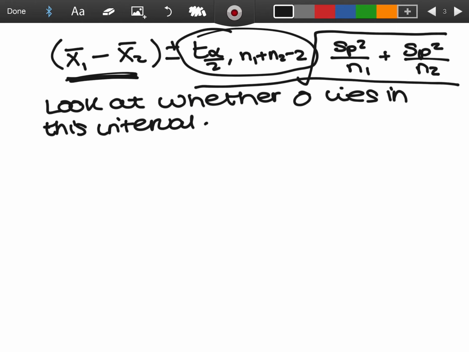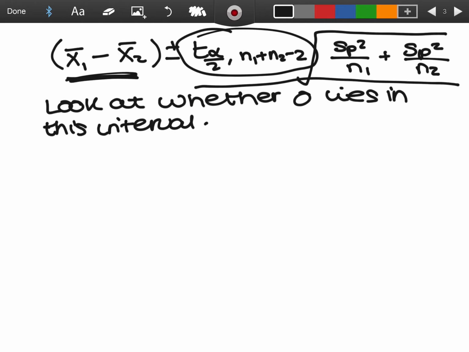So if 0 lands in there, what it means is the sample means x1 bar and x2 bar, so the means of each of the samples, are close enough together that we can therefore assume that the population means are equal.